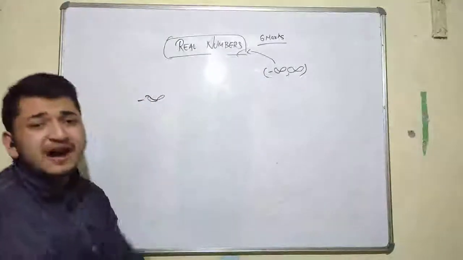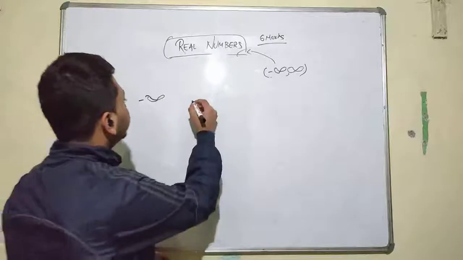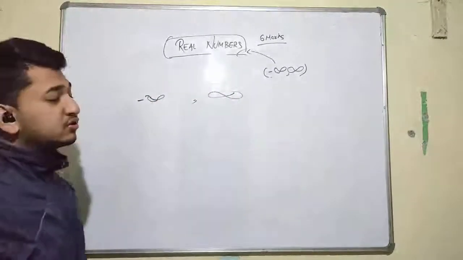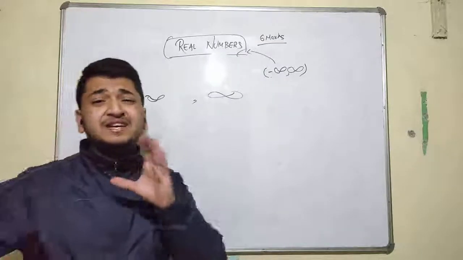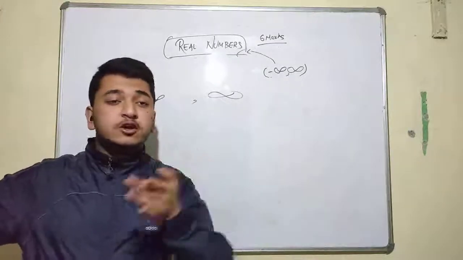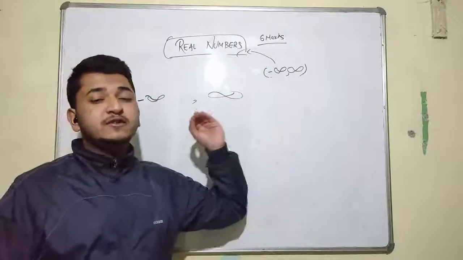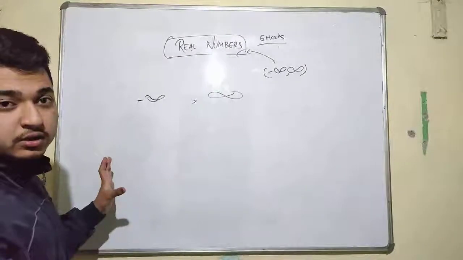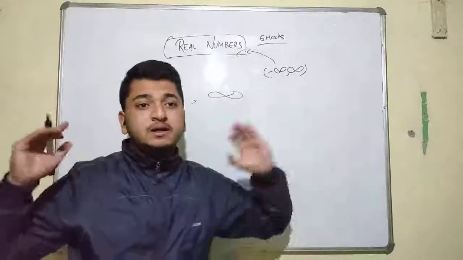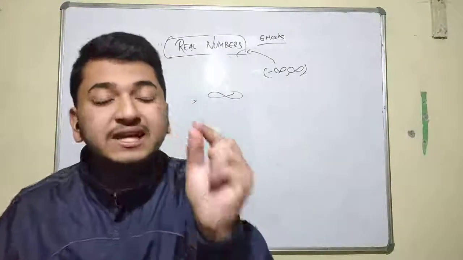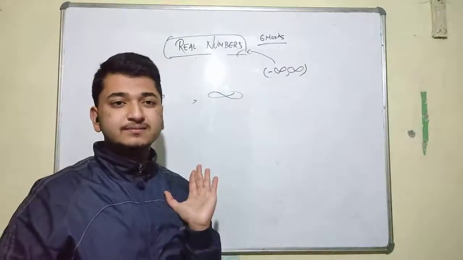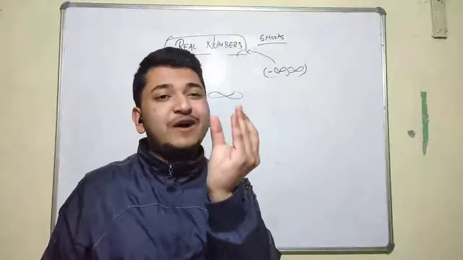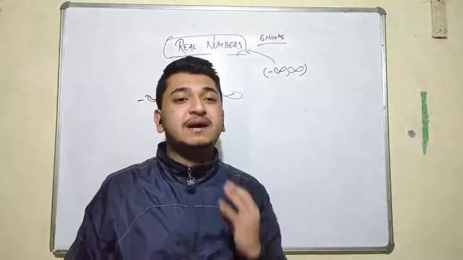So the number which is far away on the negative side, to the number which is far away on the positive side, is your real numbers. Under it, every number comes except the imaginary numbers. We have one exception case for real numbers, which you will find in quadratic equations, that is chapter number 4.